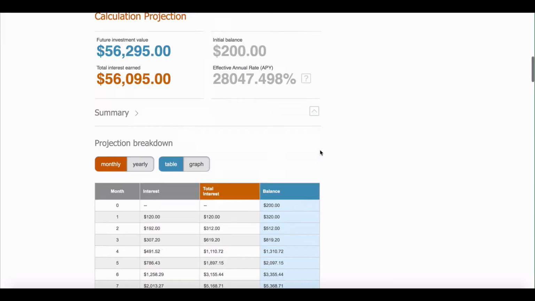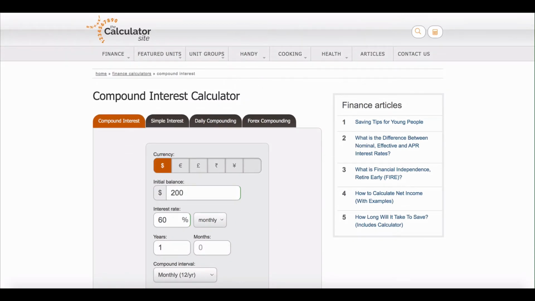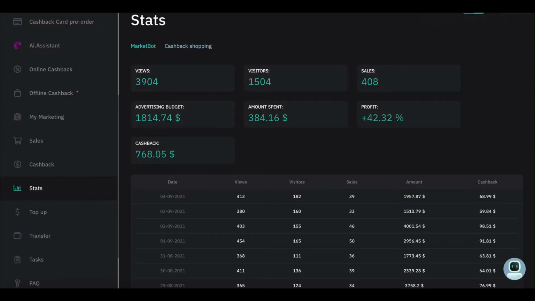So if we go over to the Compound Interest Calculator, right now we're making about 80 to 100% on our return on investment at the moment. Every $100 we're spending, we're getting 200 back.